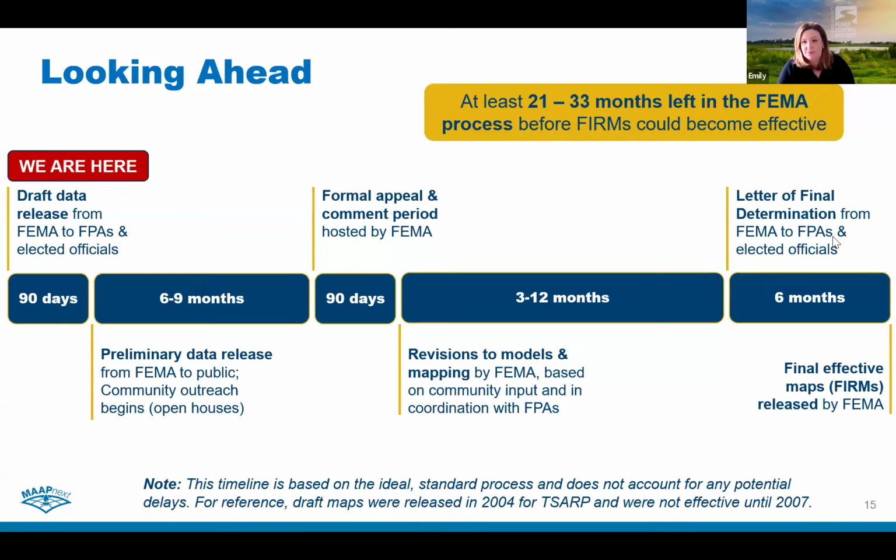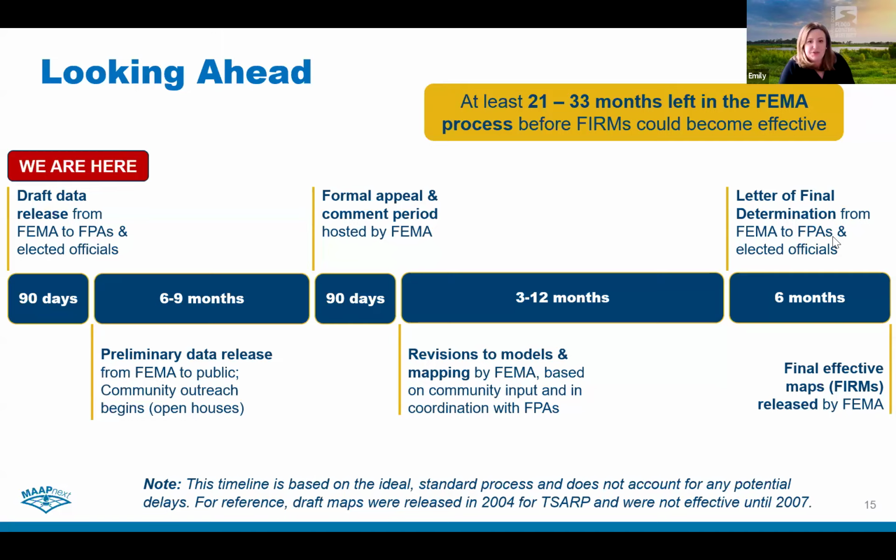So we don't have a solid idea of when preliminary data release will happen. What you're seeing on this slide is based on the ideal standard practice. So as I mentioned earlier, FEMA then will host a formal appeal and comment period, make revisions, and then ultimately move through the final steps in the process.